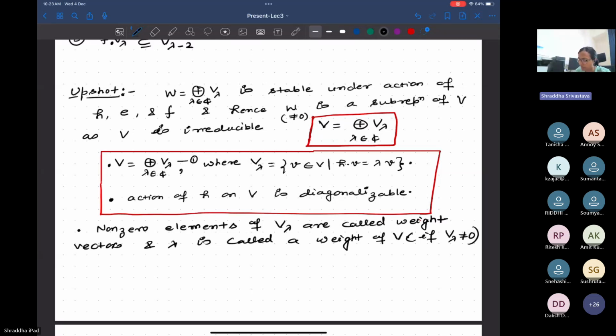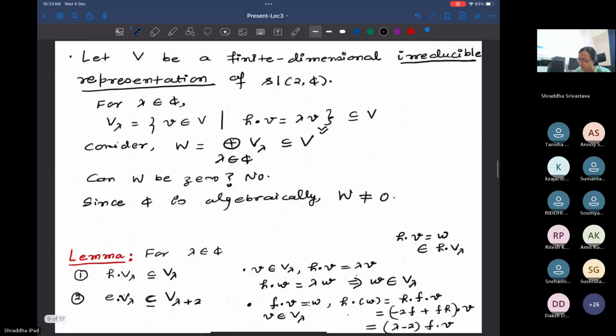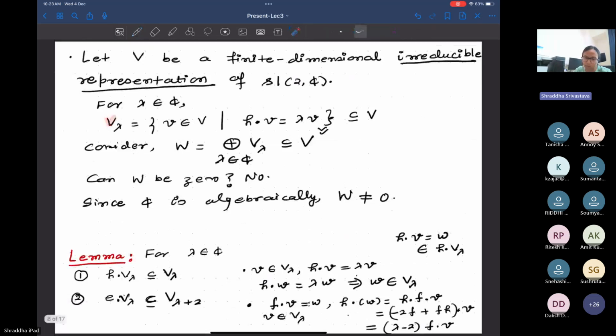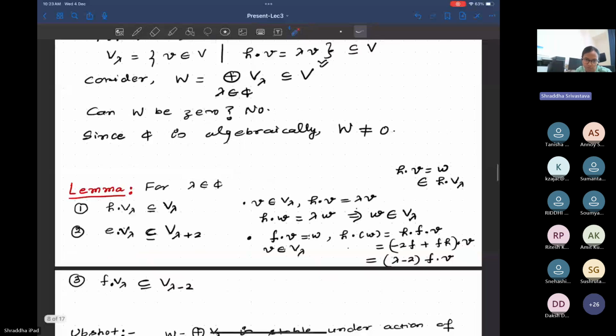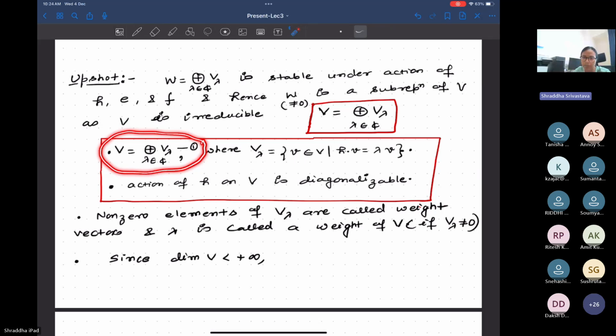Okay, so far we have not used that V is actually finite dimensional. This is where we are going to use it. Well, we did use it somewhere to say that it has an eigenvalue, but we did not say it really explicitly then. Now we are going to use it where it gives something more strong. Since V is finite dimensional, the summands in this decomposition, that is, the V lambdas, infinitely many of them cannot be non-zero, right?